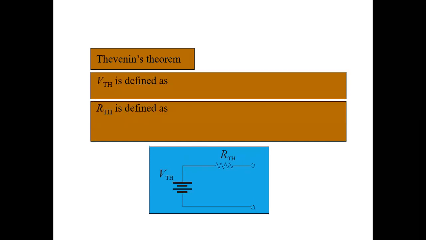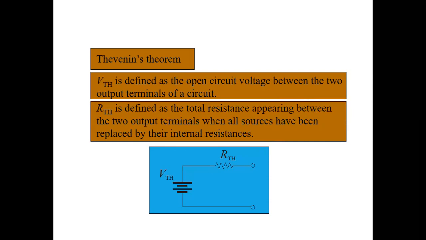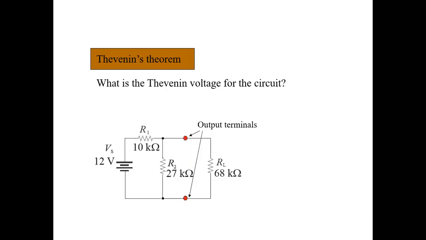In Thevenin's theorem, VTH is defined as the open circuit voltage between the two output terminals of the circuit, and RTH is defined as the total resistance appearing between the two output terminals when all the sources have been replaced by their internal resistance.